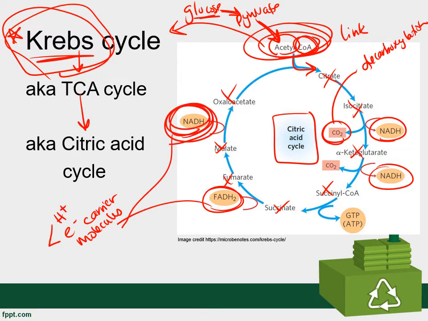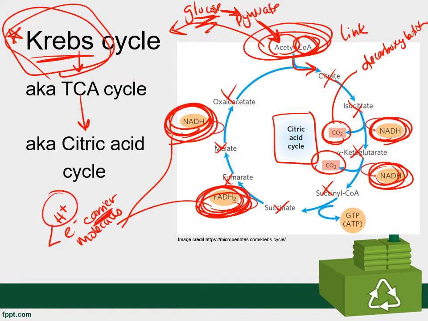This is the important stuff that's getting formed. So this NADH and FADH2 that we're making every time we decarboxylate that stuff that's left over from the glucose molecule that we started with a long time ago, this NADH, FADH2 is going to carry, that's why we call them carrier molecules, carry those hydrogen ions and electrons to the electron transport chain.